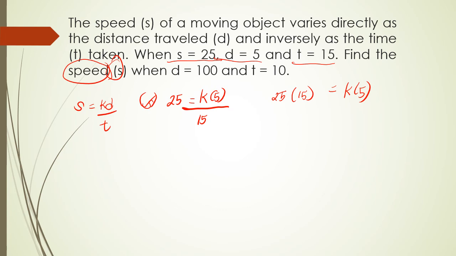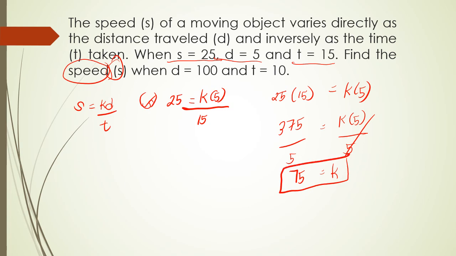That is 375 is equal to K multiplied by 5. So, here, divide both sides by 5. So, K is equal to 375 divided by 5. That is 75.